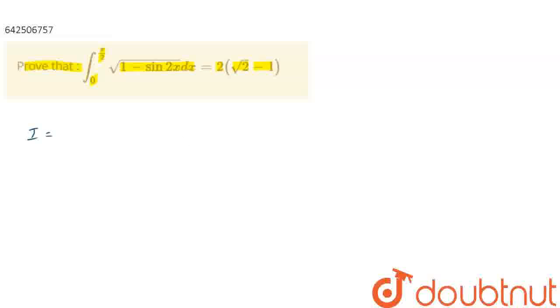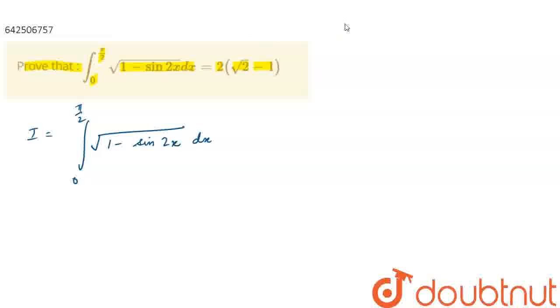So let I equal our integration, which is 0 to pi by 2 under root 1 minus sine 2x dx.